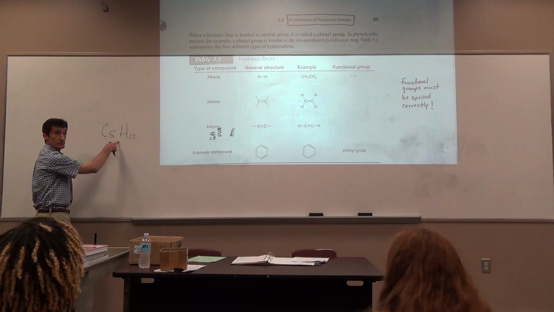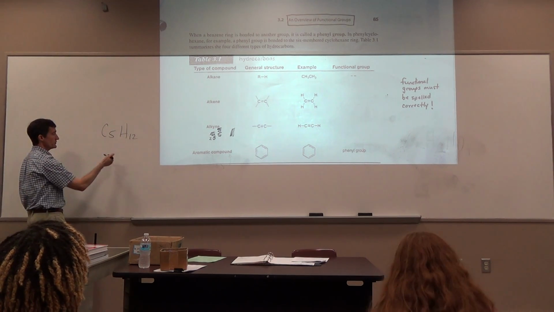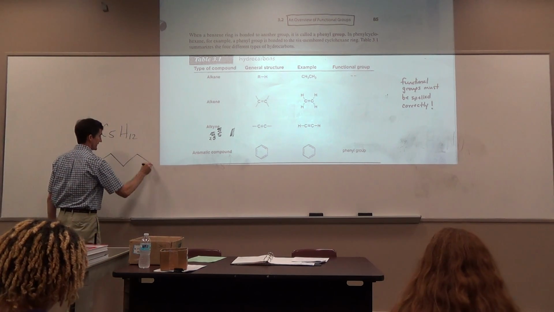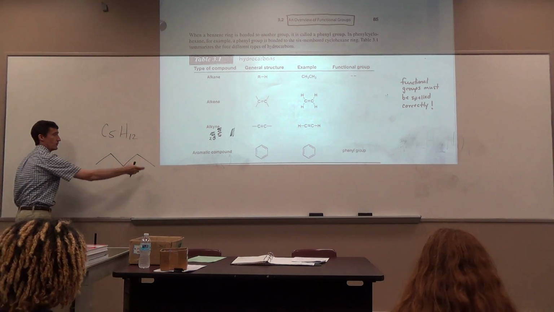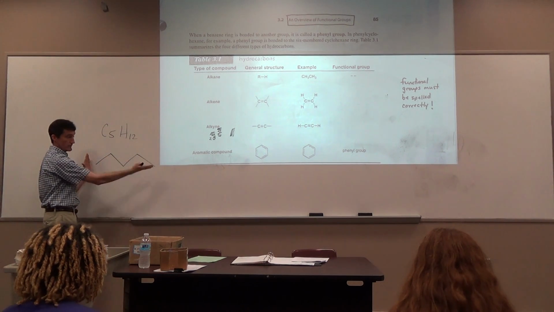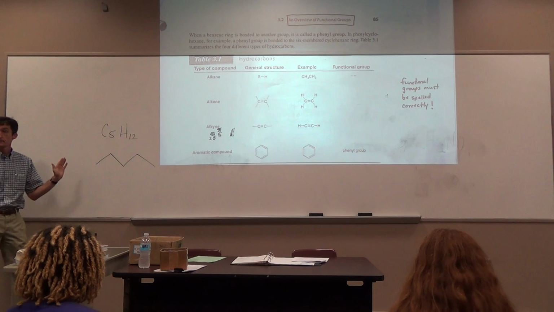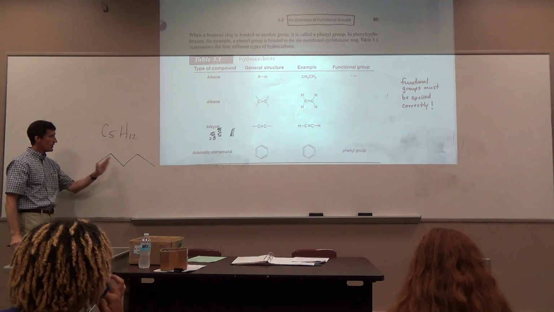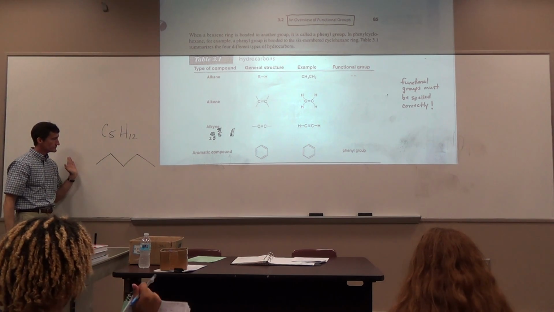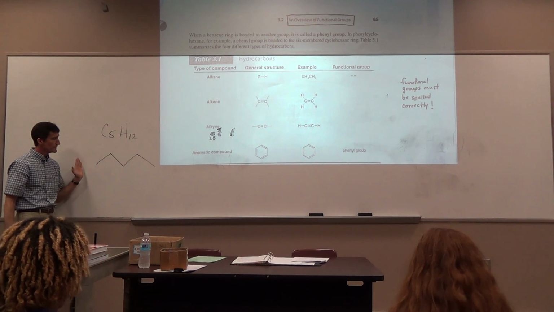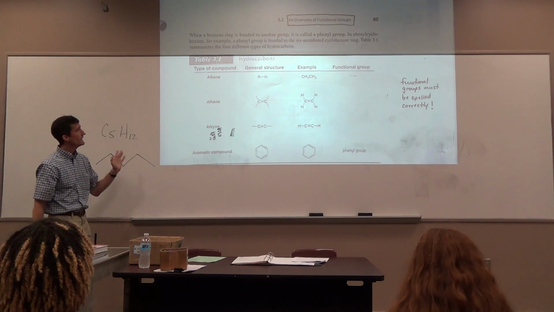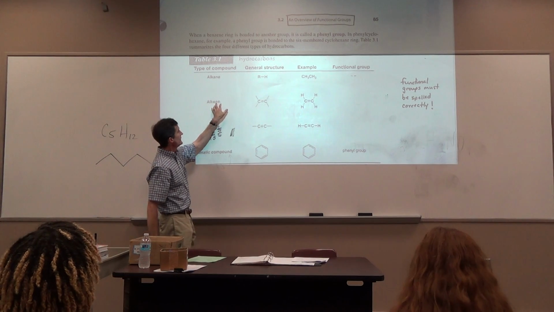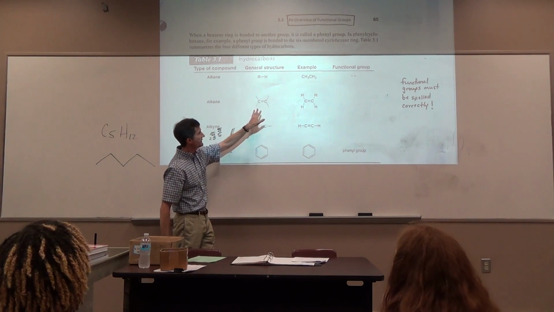That's saturated, right? You see the formula? If we drew that out, we would get something like that. 1, 2, 3, 4, 5. There's 4 hydrogens there. Okay? It's all just plain saturated sp3, called alkane.